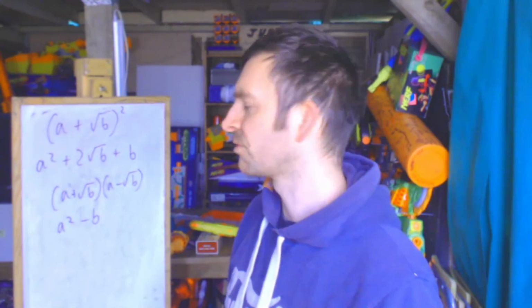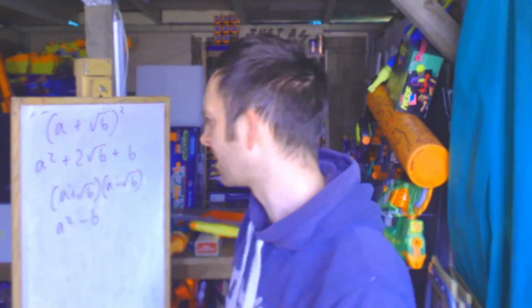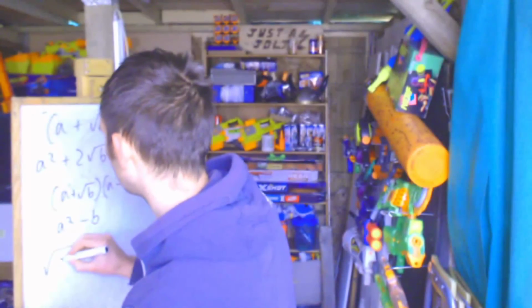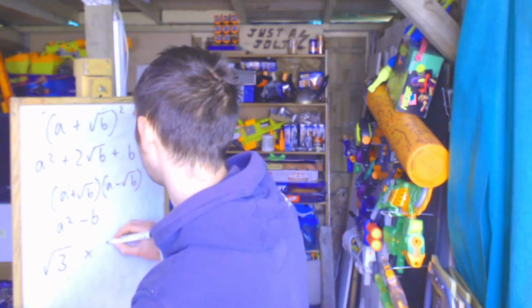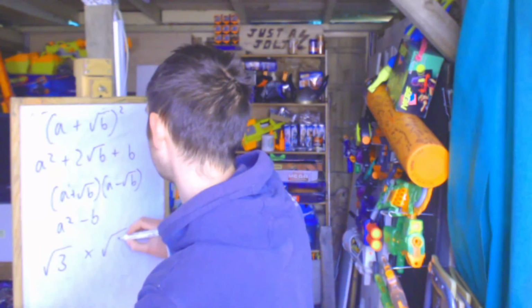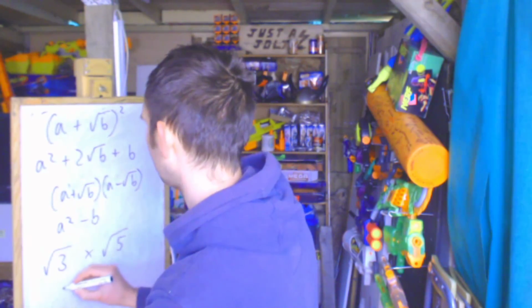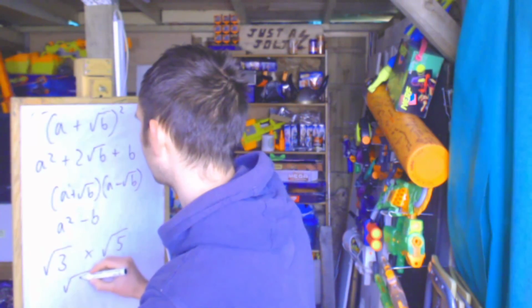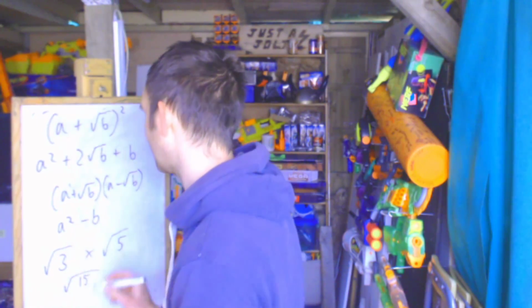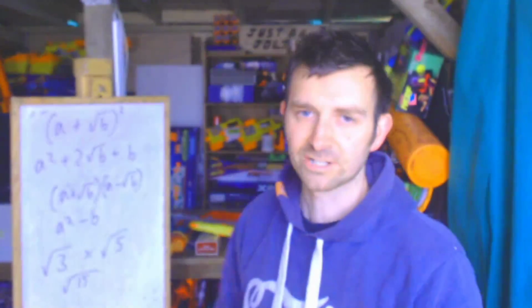And the other third rule that we covered, which was a little bit simpler, was simply root 3 times, let's say, root 5. The answer is going to be, in this case, root 15, because root 3 times root 5.